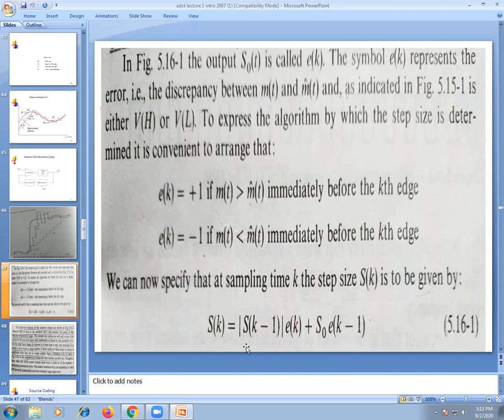Because the fourth step is to be enhanced, how much enhancement takes place depends upon the third step and the present error plus the previous error. This is the enhancement formula, or increasing of the step.